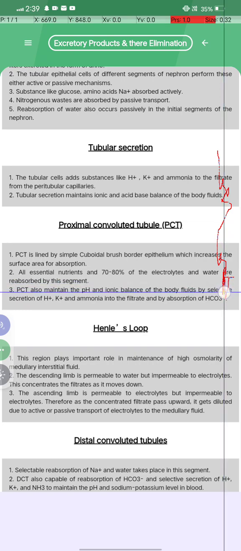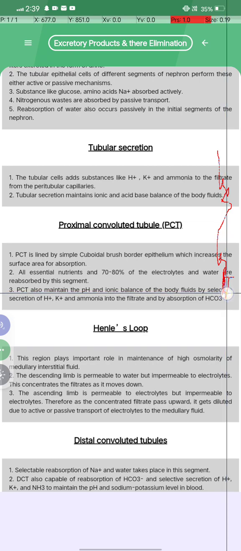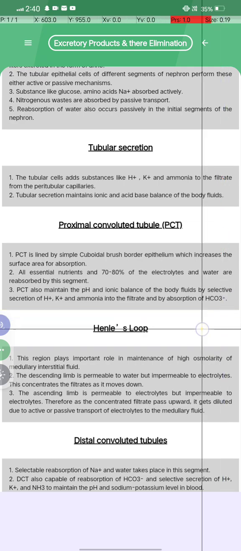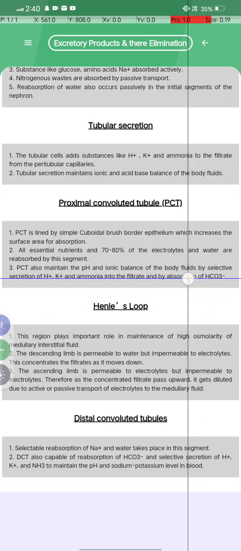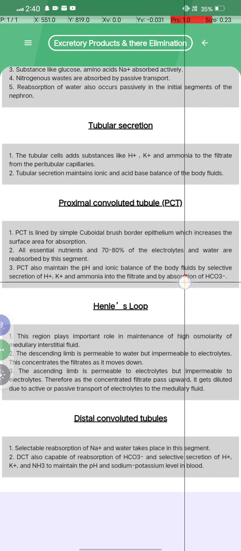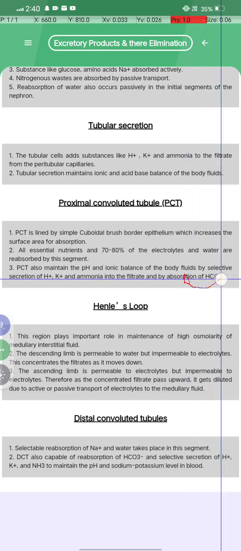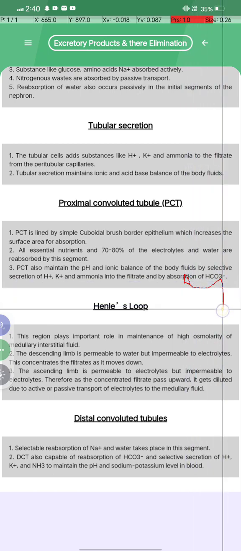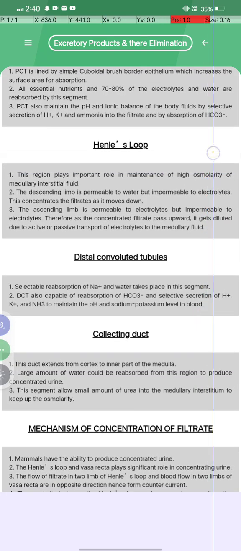PCT also maintains the pH and ionic balance of the body fluids by the selective secretion of hydrogen ions, potassium ions, and ammonia into the filtrate and by the absorption of HCO3. अब हेनले लूप क्या होता है?